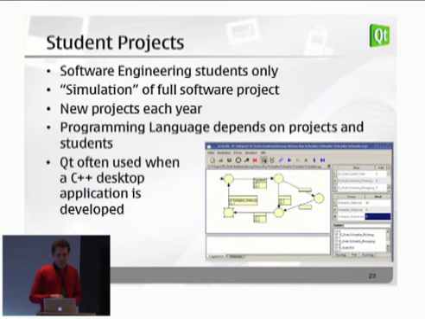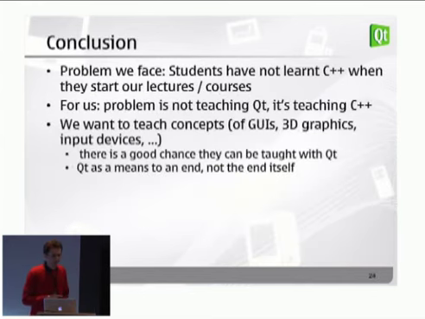And so to come to some conclusions, the problem that we face is that our students have not actually learned C++ when they start our lectures or our courses. Possibly they have, but if they have, then they have done it on their own. At our university they teach Ada, they teach Java, but not C++.